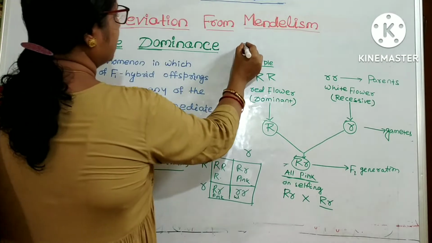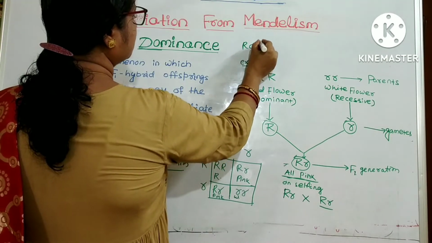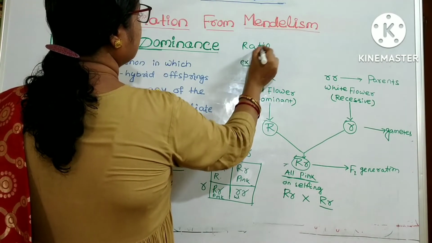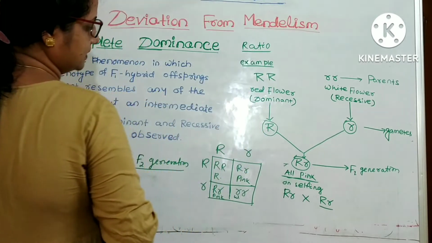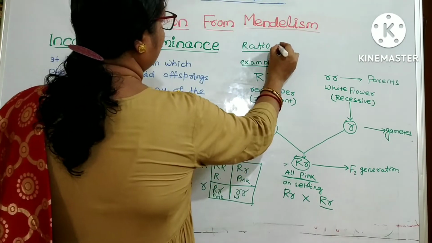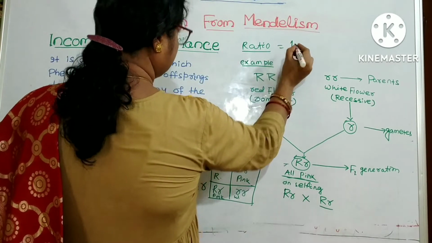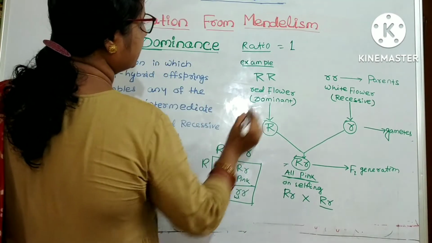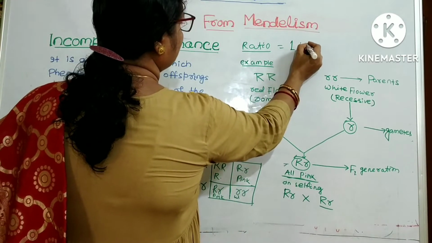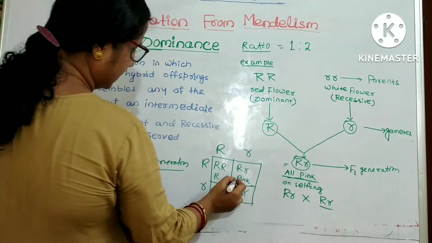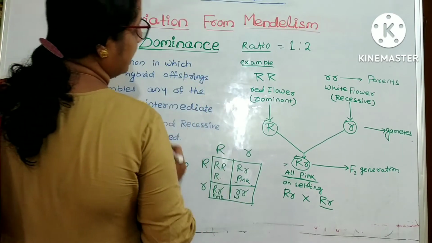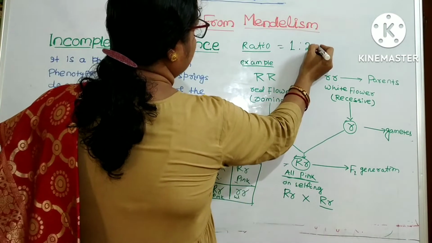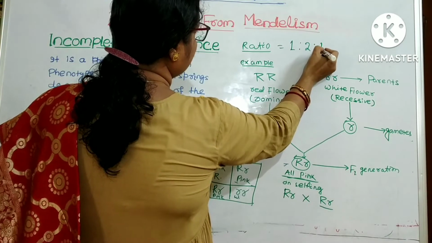So, the ratio of incomplete dominance is 1, that is pure red, 2, that is pink, and 1, that is white.